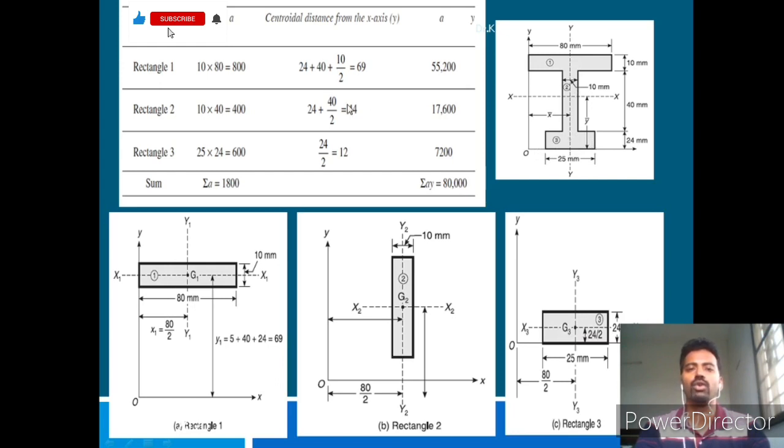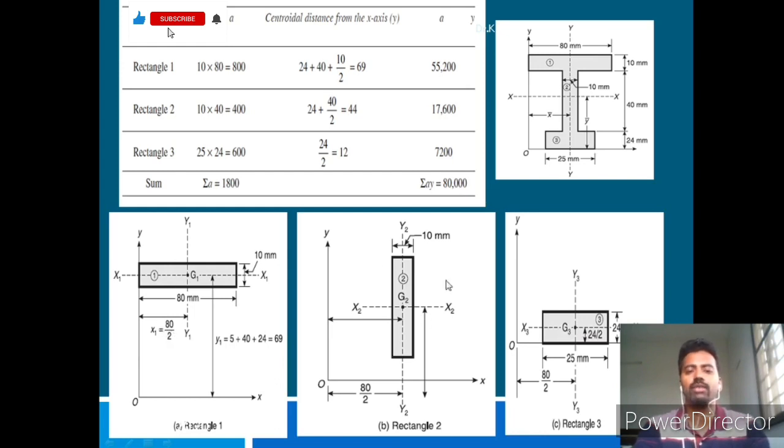So that is 24 plus 40 plus 10 by 2, which is why y1 is a total of 69. The x distance from the origin will be 80 by 2, that is 40, so x1 is 40.